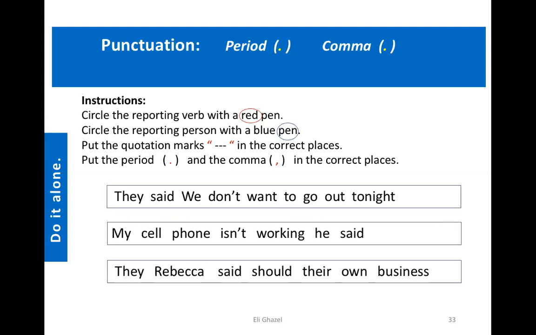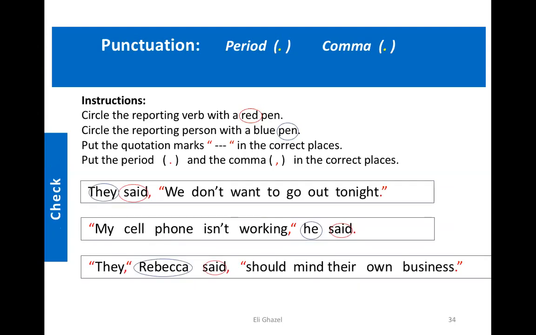When they finish, what we're going to do is give them the ability check. And as you see here, we don't need to spend too much time on this anymore, but here they put the right commas and the right periods.